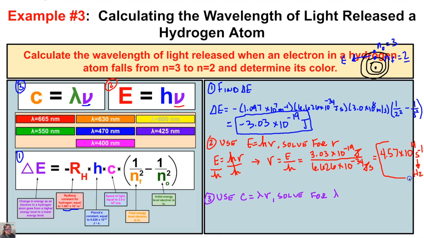And so now that we know our frequency, in our very last step, we can plug the frequency value that we just figured out into this formula right here and solve for lambda. So we know that c equals lambda times nu. We're going to divide both sides by nu. Nu is going to cancel, and so to get the wavelength of light, or lambda, we're going to take the speed of light and divide it by our frequency that we just figured out. The speed of light is 3.0 times 10 to the 8th meters per second.